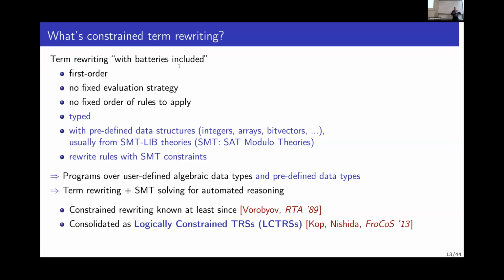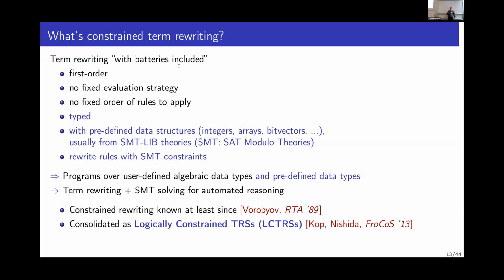In the following years, there have been a number of other proposals of what a good constraint term rewriting language should look like. And the approach that I think has gained the most traction is called logically constrained term rewriting, so logically constrained TRSs.